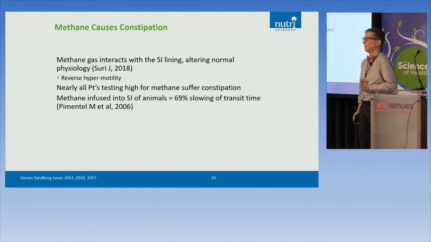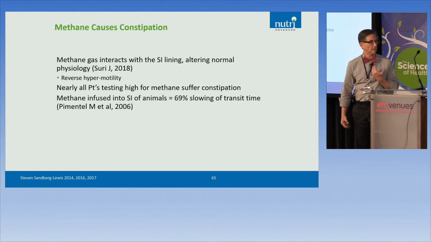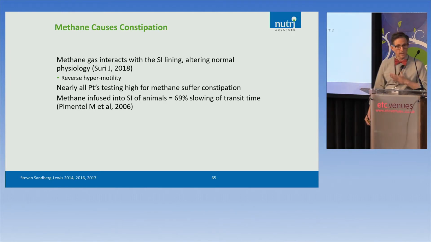Even more so because I think it creates some reverse peristalsis, as well as slowing down the flow toward the anus. When they infuse methane gas into the small intestine of mice, they find a 69% slowing of the transit time. That's Dr. Pimentel and his group again.